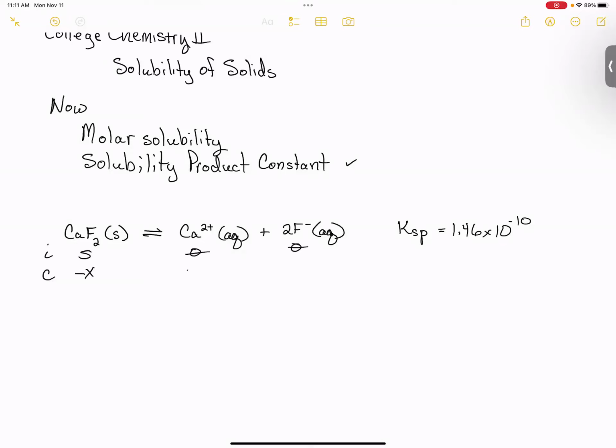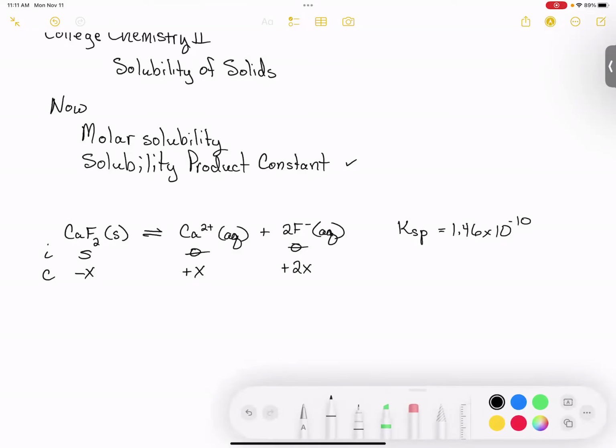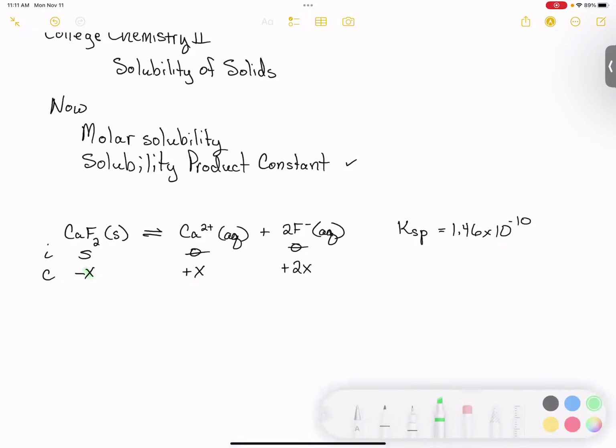And for every 1 calcium fluoride that dissociates, you're going to make 1 calcium ion and you are going to make 2 fluoride ions. Now, this number associated with this value, not the sign, but the actual number, that is going to be your molar solubility.